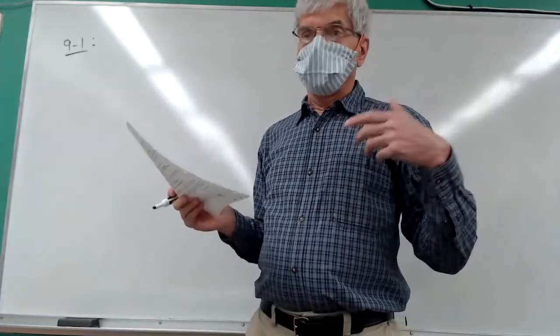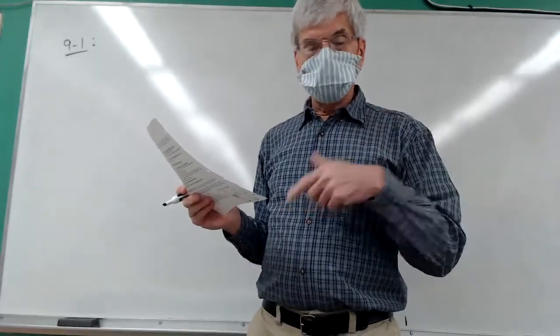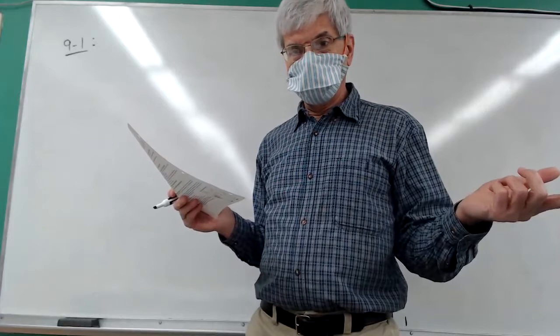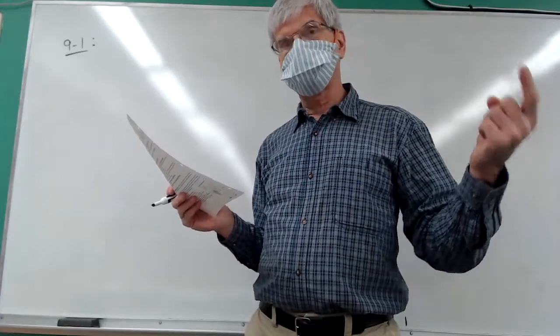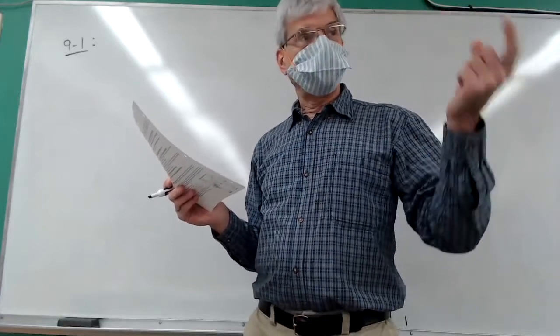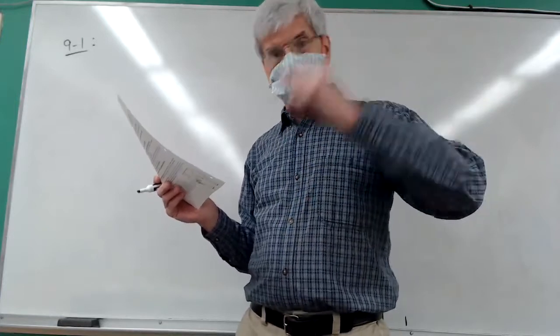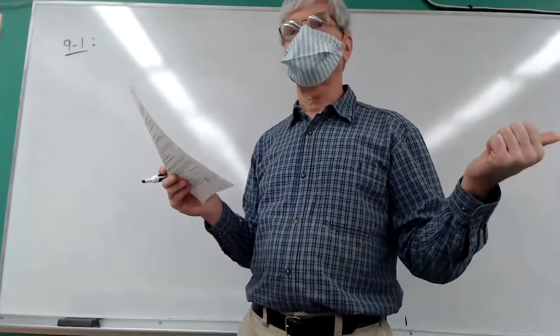So the minus sign, as I said, is there because if you're keeping track of the directions, when F is positive, X is negative. When X is positive, F is negative.